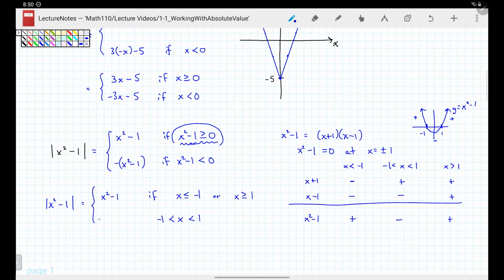That's where we have negative x squared plus 1.